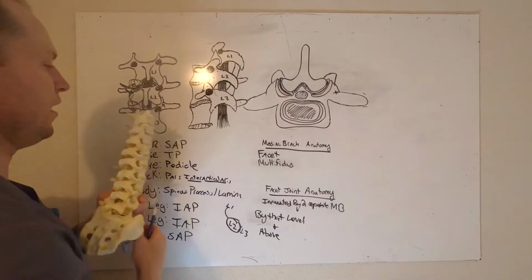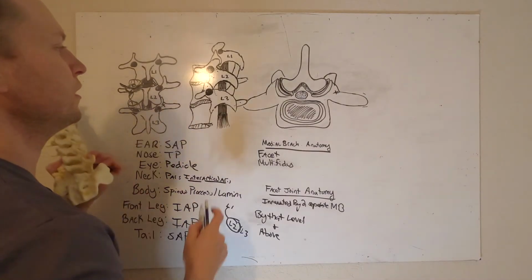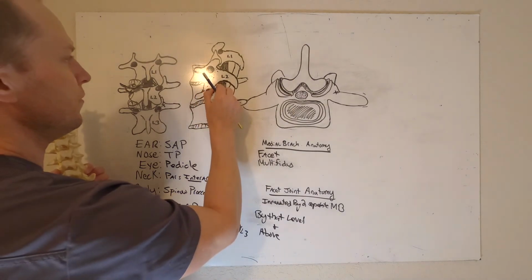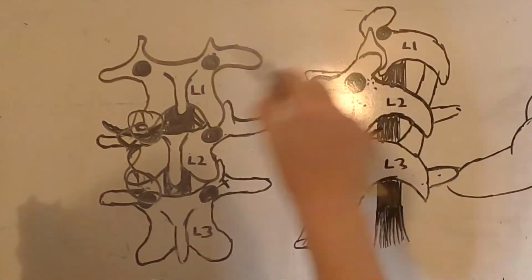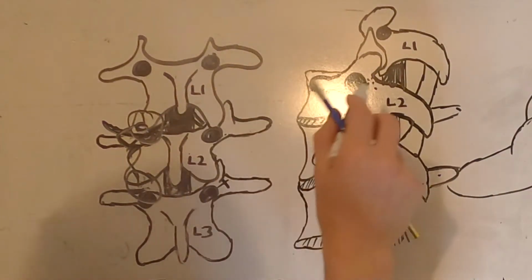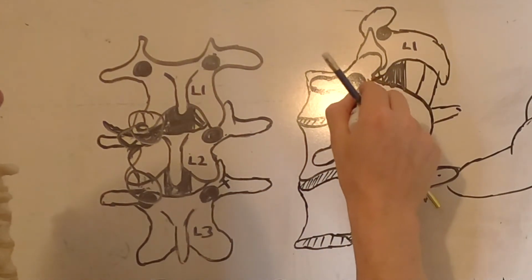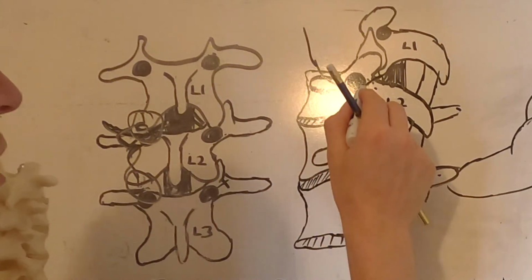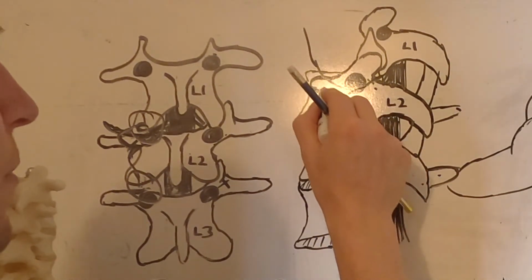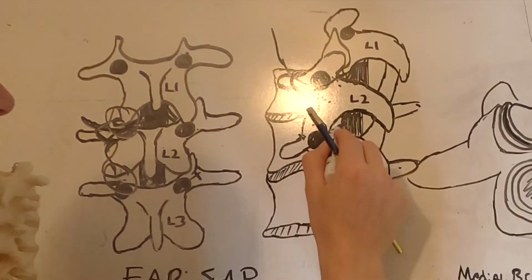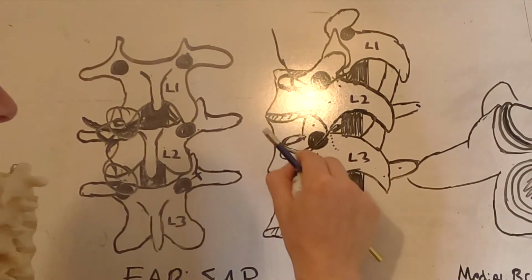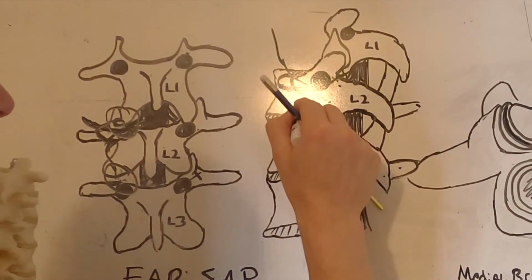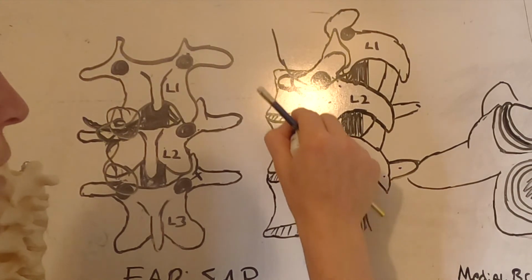As we said, we're using the L1, L2 as the example. The spinal nerve comes off, gives off a ventral ramus that goes anteriorly. This posterior one will wrap around and lay right here. This one will wrap around and lay right here. It will also have a branch that descends and comes right here.